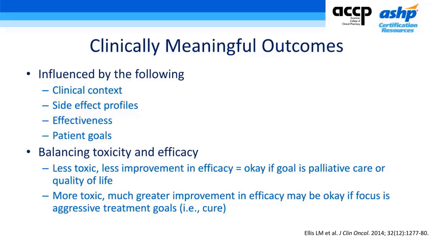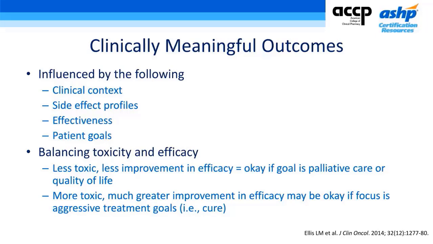So what are the patient goals? What is the effectiveness of the treatment? What is the side effect profile? And what is the clinical context for the study? And then they also wanted to consider toxicity and efficacy and the balance between the two.